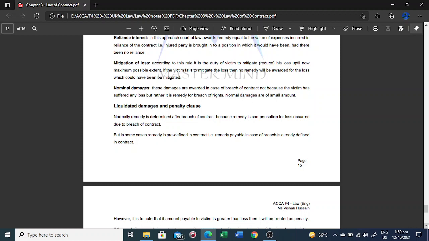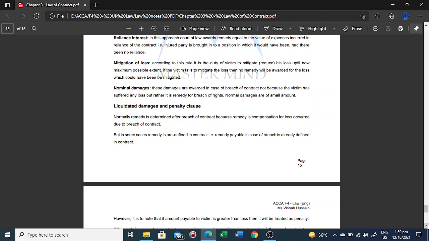So in that case, he was the one who did not mitigate the loss. The employer is not going to pay him any remedy, and he cannot even demand any remedy from the employer, because the employer had already told him that he must take precautions.